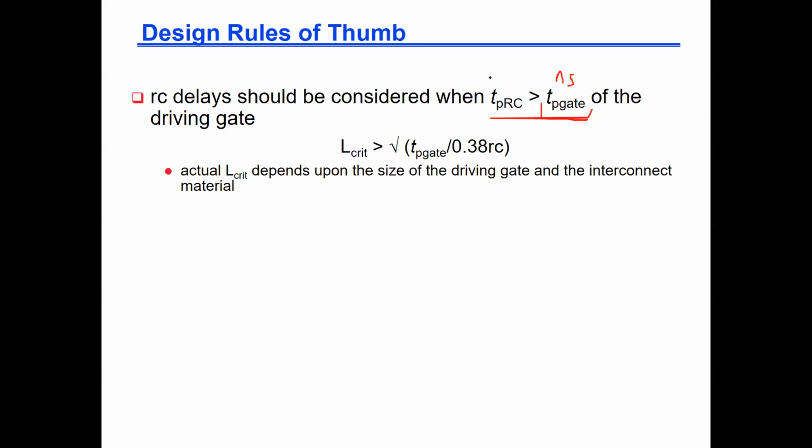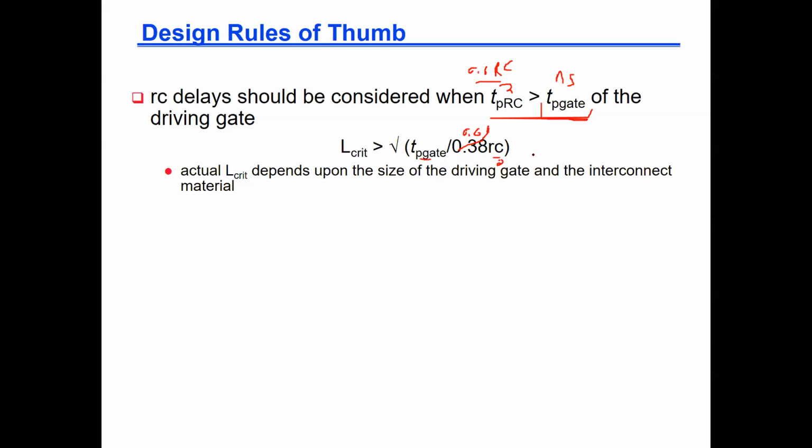I compare it to 0.69 times RC over 2, and from this, since it is proportional to L squared, I have 0.69 little r little c L squared over 2, and I get a relation between L squared and the delay of the gate and the little r little c.